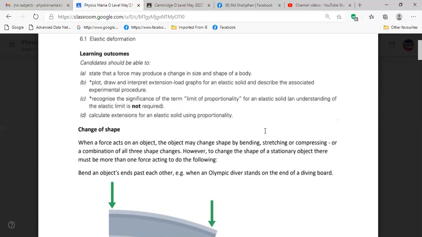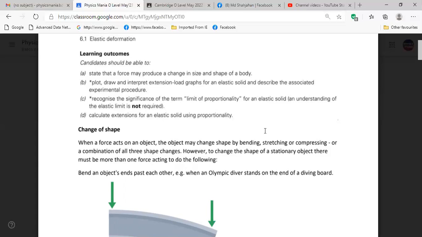To change the size means the volume changes, right? If the volume changes, then we say this is a size change. If the volume is the same, but there is a change in the overall features, then we say shape change, right?